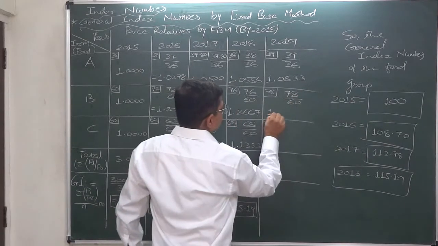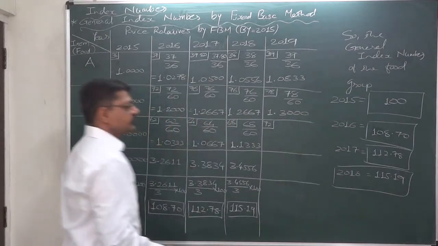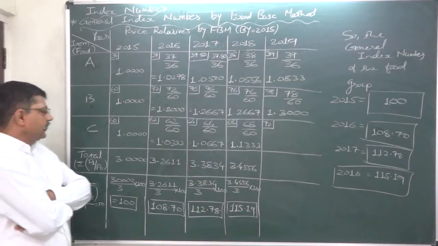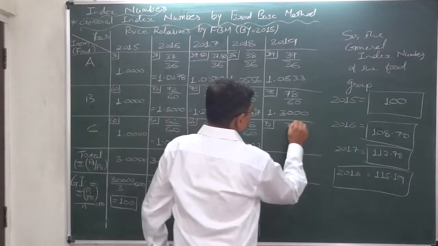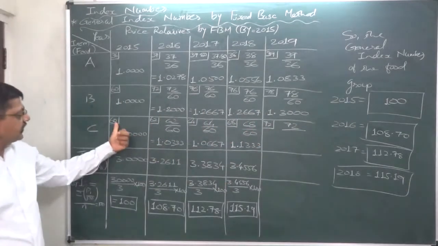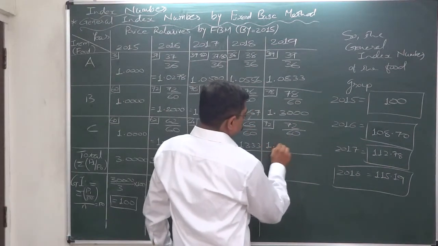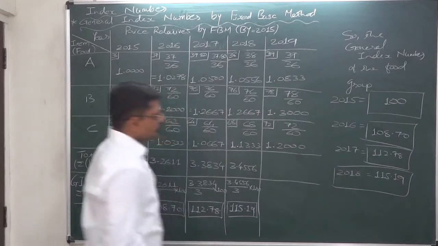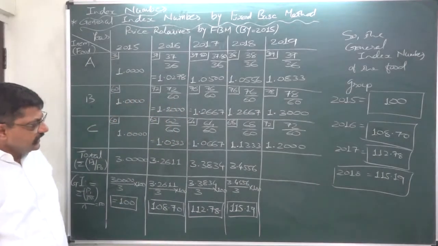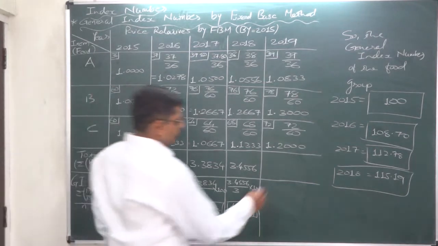And it is very clear that price rise of 30%, so it comes to 1.3. And in case of C also the calculation is very easy. 72 price in current year divided by price in base year 60, so it comes to 1.2. The summation of these three items is very clear. It is 3.5833.